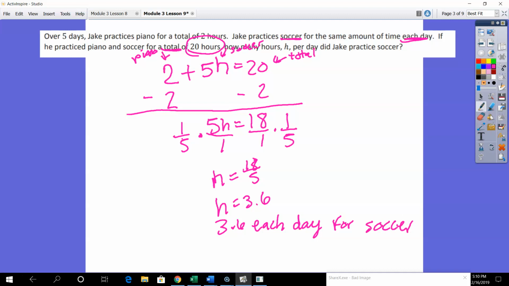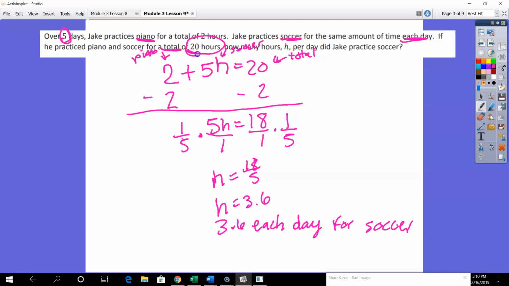Okay. So let's look at these two equations. We want to know how are they similar and how are they different. We were still talking about piano here, and we were talking about soccer, and we were talking about 5 days.